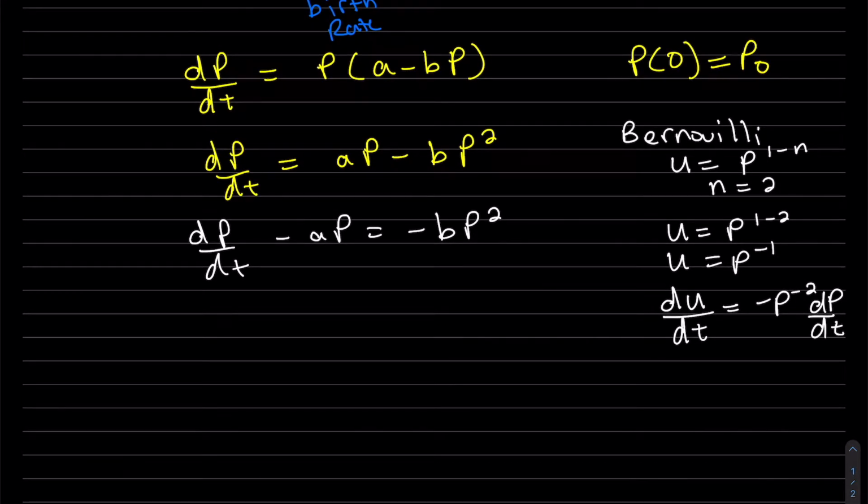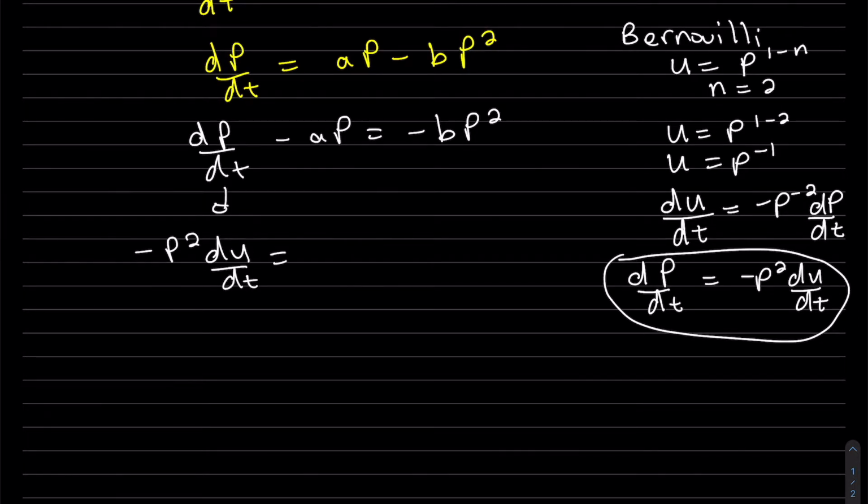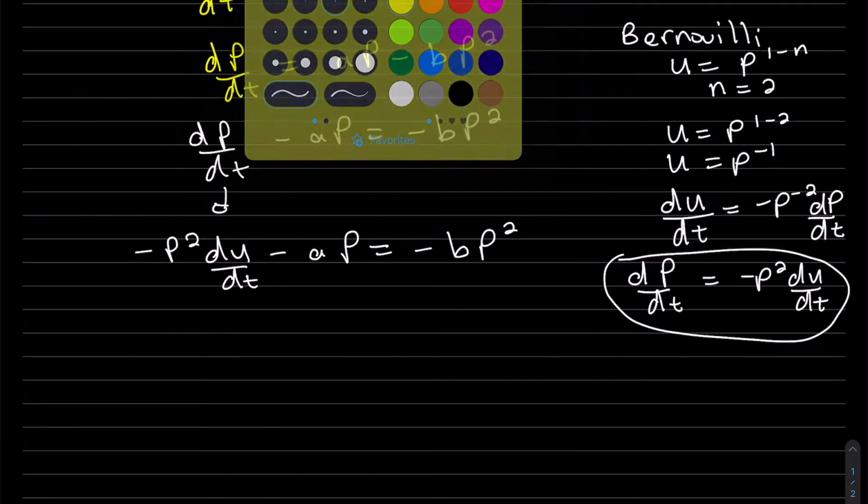And we clearly want to solve for dP/dt, so we'll just take this and solve for dP/dt. There's a minus in there, minus goes to the other side. And this looks like our substitution. And if you remember, we don't change anything else.